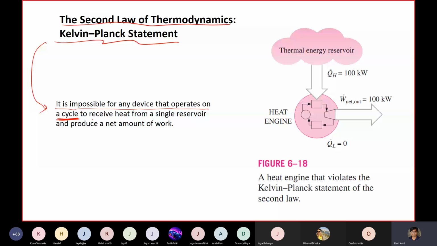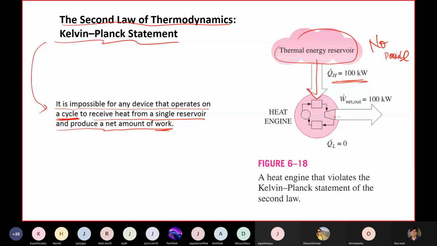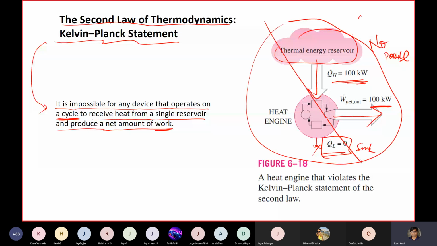It means this kind of device is not possible, which takes away some amount of heat, does the total work, and leaves no heat to the sink. So it is entirely not possible.